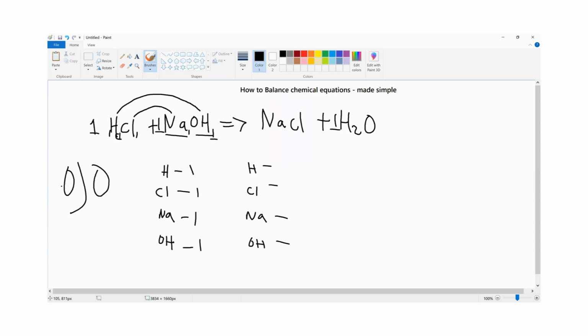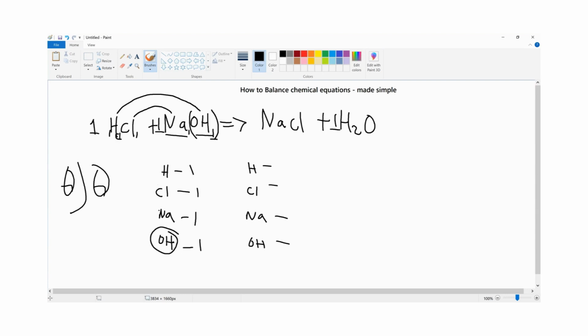And let me show you something. Typically, whenever you see a polyatomic ion, or something that's combined, for example, here we have oxygen, hydrogen, hydroxide, I believe, write it out as this.